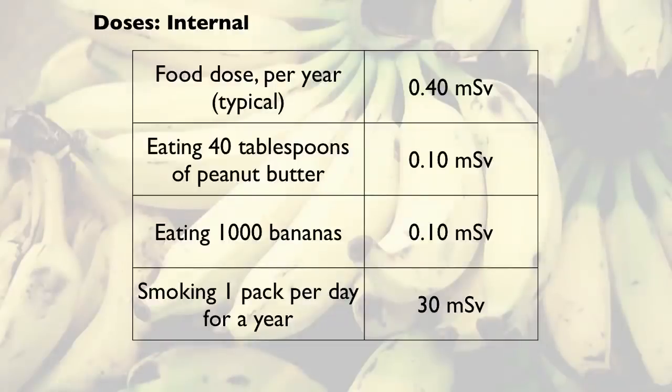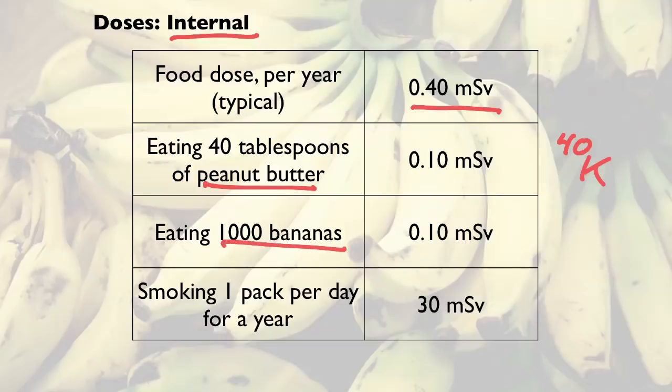Now let's talk about internal doses. Over the course of a year, you probably get about 0.4 millisieverts dose from food you eat. Typically, it's in the form of potassium because one of the isotopes of potassium is potassium-40. And lots of foods have potassium in them, for instance, peanut butter and bananas. So if you ate 1,000 bananas, you would get a significant dose of radiation.